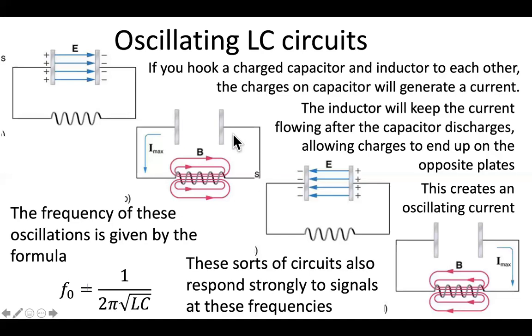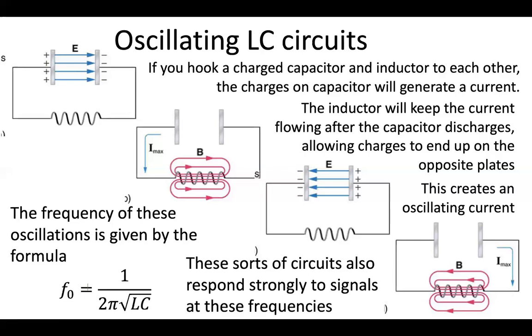This means this sort of circuit generates oscillating currents very well. It also turns out to be very sensitive to those sorts of currents. If you basically try to send a current oscillating at this frequency into a circuit like this, it will happily respond and start oscillating. If you send in the wrong frequency, it doesn't do too much.